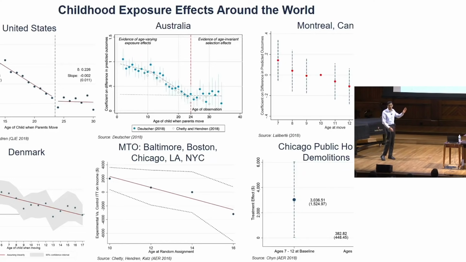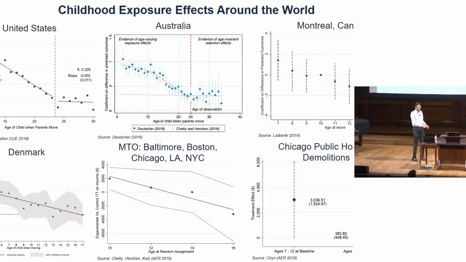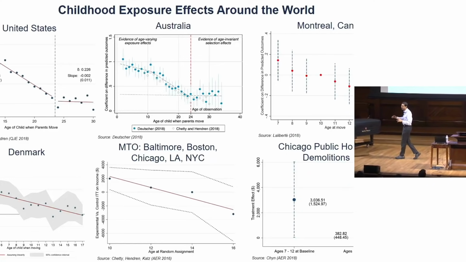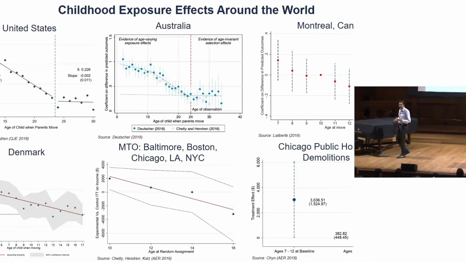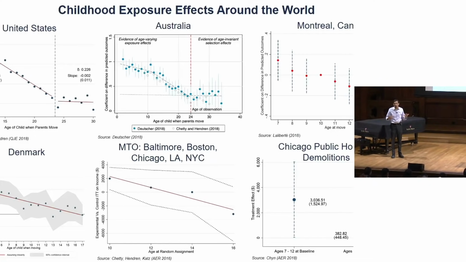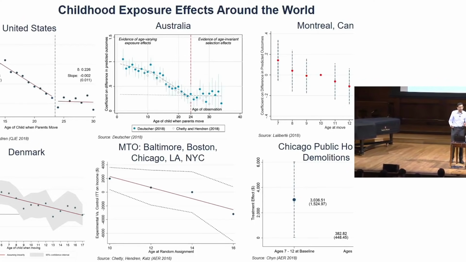Totally different approach using public housing demolitions in a paper by a guy named Eric Chin in Chicago, again shows a very similar pattern. So you start to see this in so many different settings. It has now become a widely held view that these childhood exposure effects, the earlier you move to a better area, you really see systematic improvements in kids' long-term outcomes. Okay?